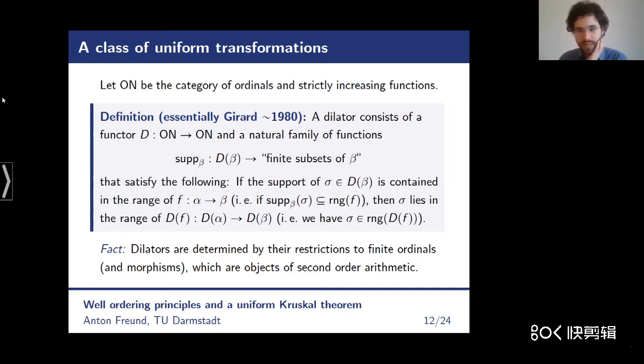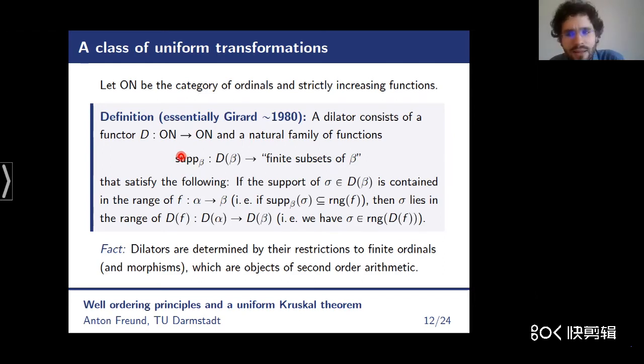So as I said, let me just summarize what the main points are. The main points are that this D here is a transformation of ordinals into ordinals as before. So it's one of these well-ordering principles of type 1. And then what do these support functions do? Well, D of beta is one of the values of this transformation here. And to each element of this value D of beta, the support function sub beta should assign a finite support, so it should assign a finite set of ordinals below beta to this element here.